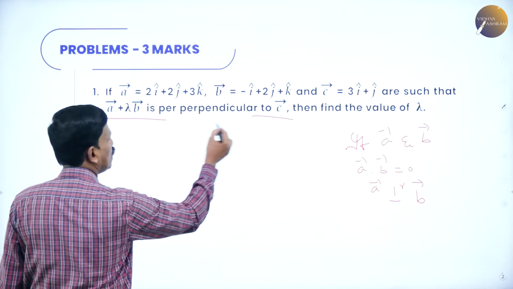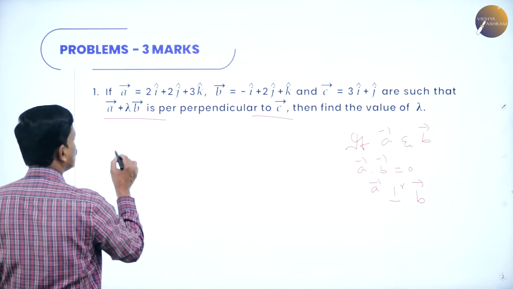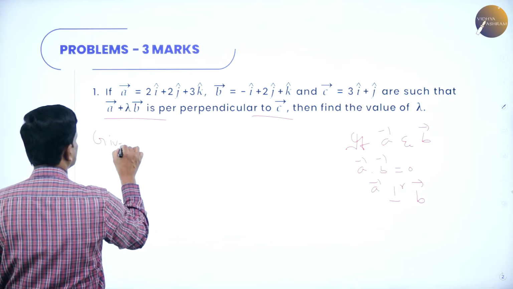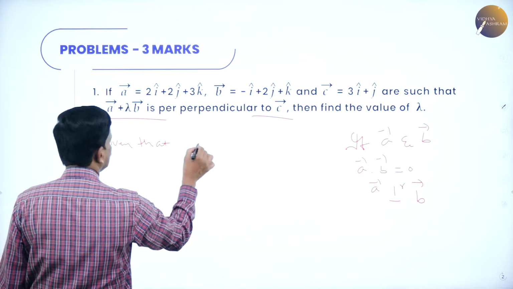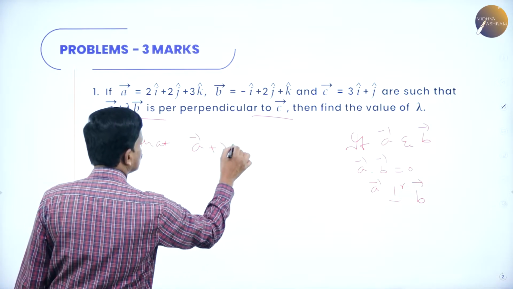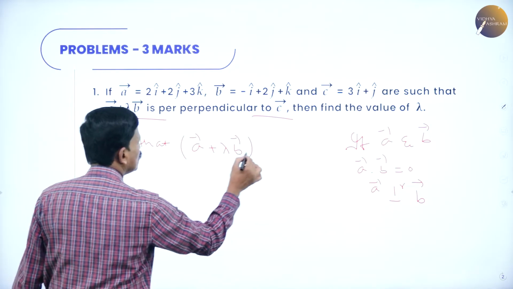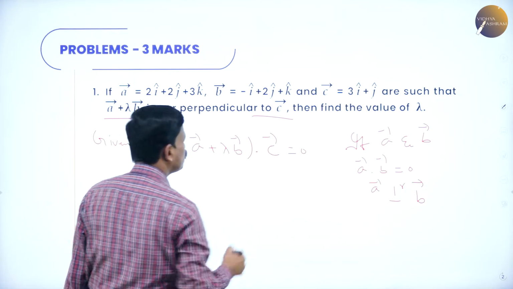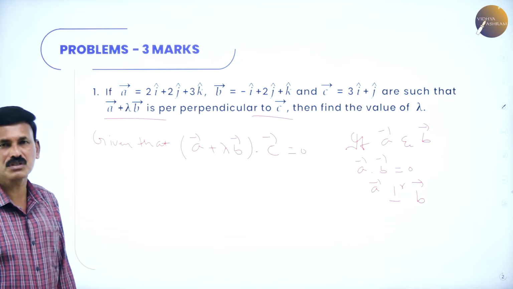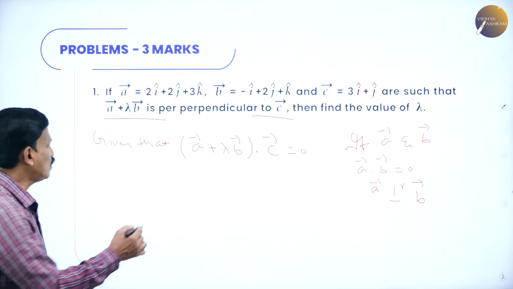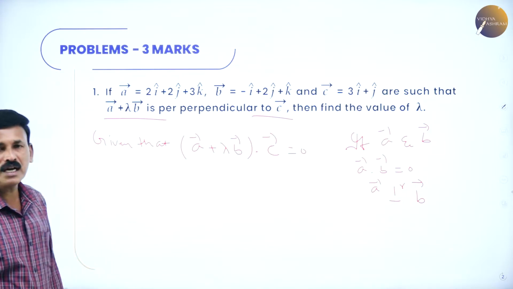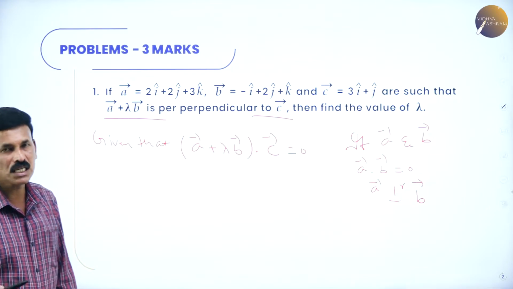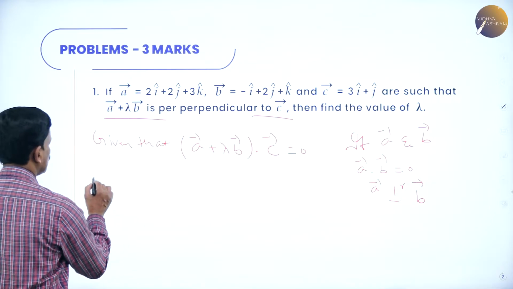A plus lambda B is perpendicular to vector C means vector A plus lambda B dot vector C is equal to 0. The dot product of these two is equal to 0. Now first find out the value of A plus lambda B and then dot C. Now let us find out A plus lambda B.